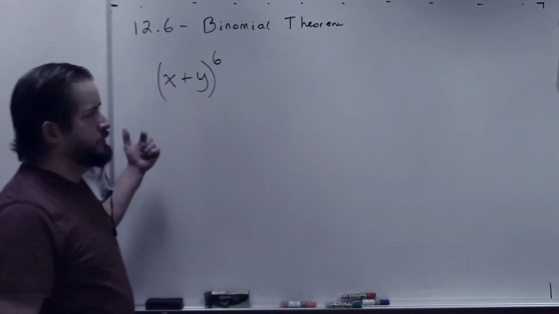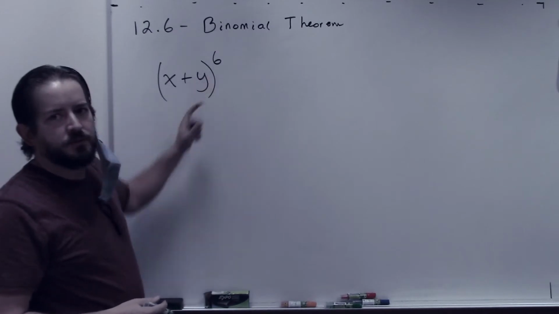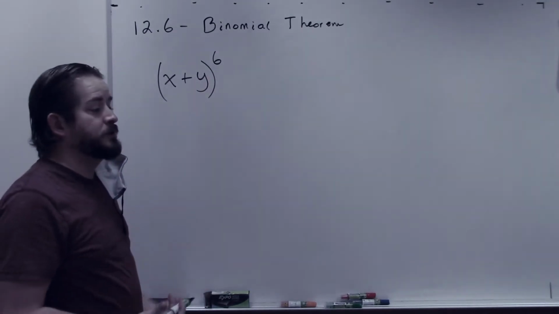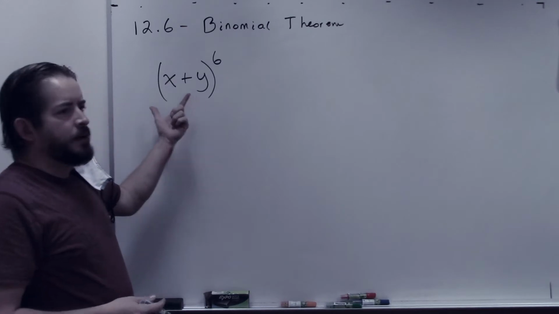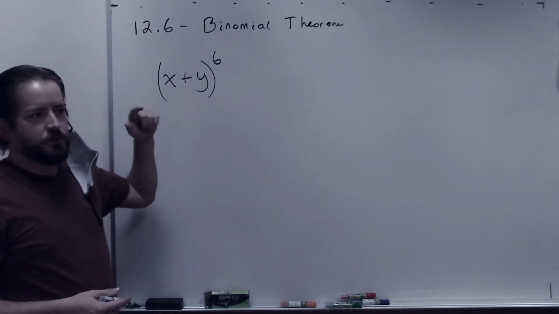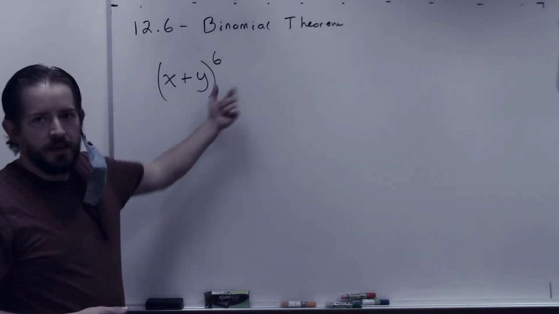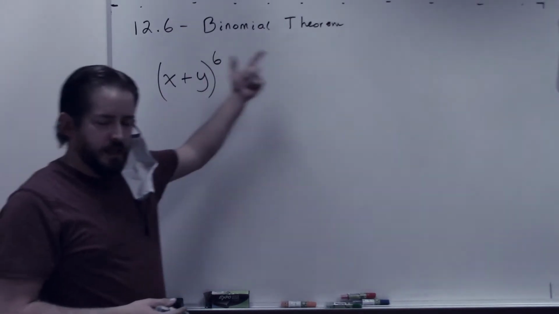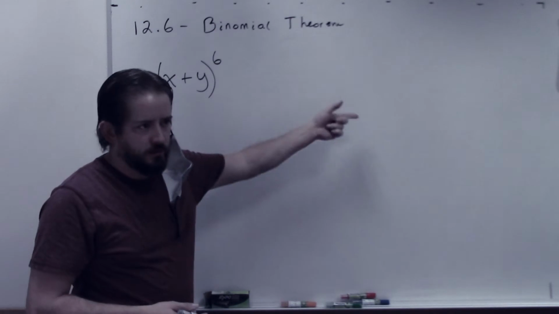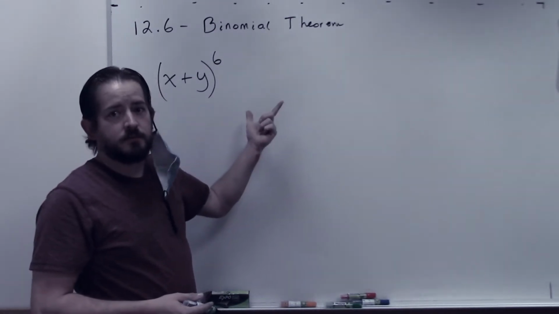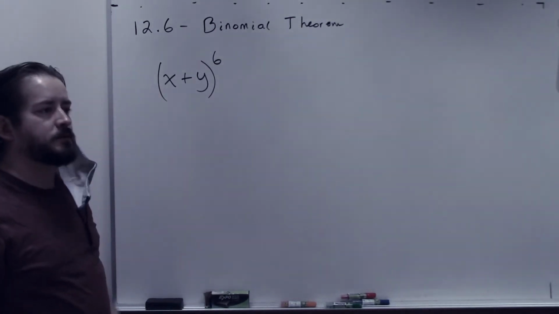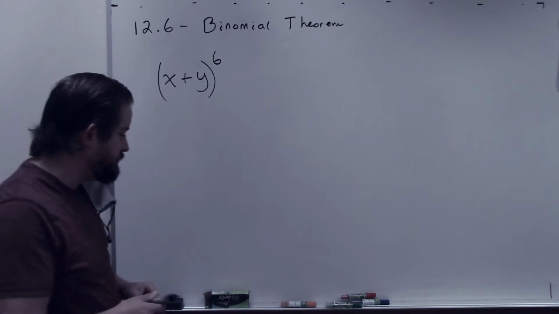For small numbers, it helps you create the coefficients for the expansion of this term. The expansion, if you didn't use the binomial theorem, would be taking x plus y, multiplying it by x plus y, getting a trinomial, multiplying that by another x plus y, and another one, and another one, until there's 6 factors of it. And that's time-consuming and obnoxious, really.